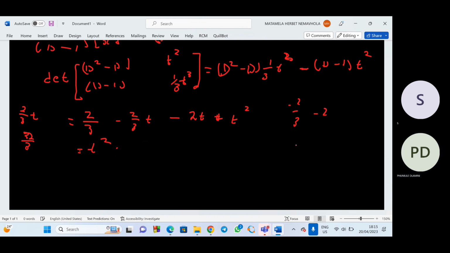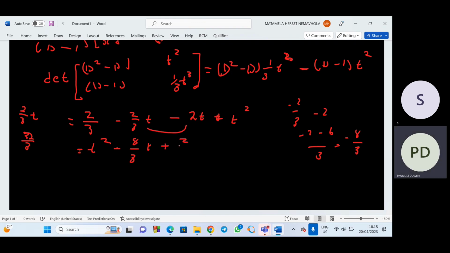This is the same as 3 times 2 is 6, so it's going to be 2 minus 6 over 3, which is going to be minus 4 over 3. Then here we're going to write minus 8 over 3t for these two, then plus 2 over 3.